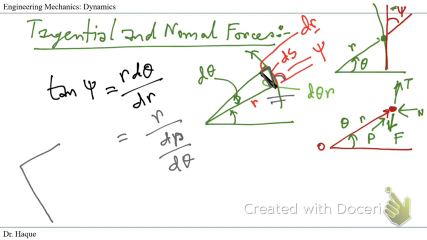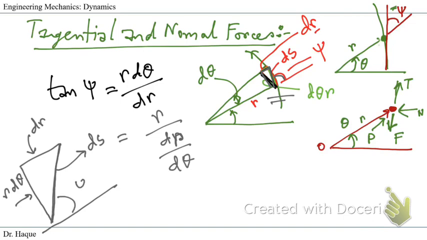We're saying that this is dr, right, and this is r d theta, and this is the triangle. So this is the path. This is supposed to be the curved path of the particle, but we take a small distance ds. We assume it's a straight line, and we're looking for this angle psi.